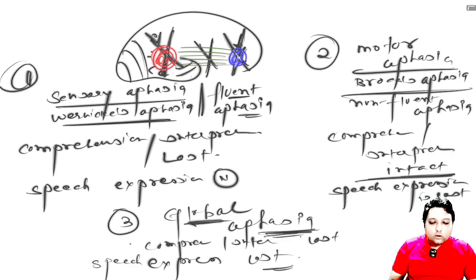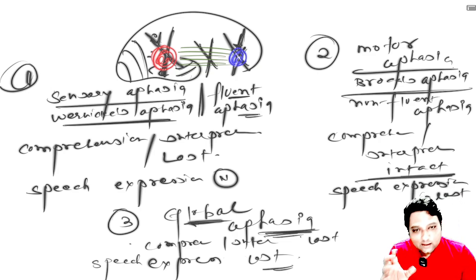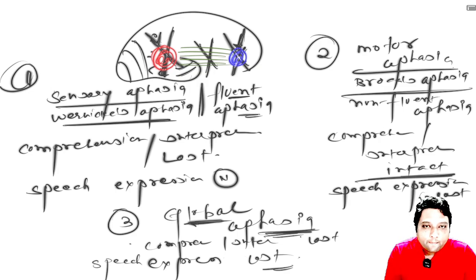So this is all about speech: how speech is developed, what are the mechanisms of speech, which are the components responsible for the production and articulation of speech, and finally the applied aspects: dysarthria, dysphonia and aphasia. Okay, thank you.